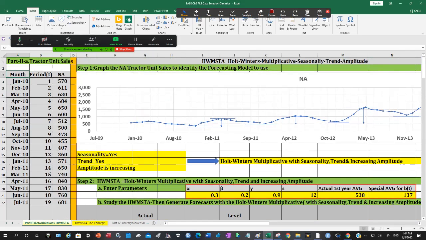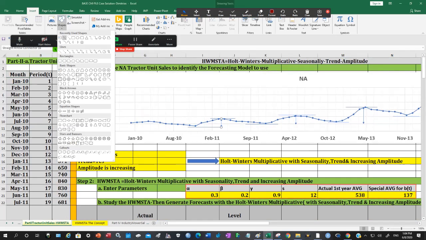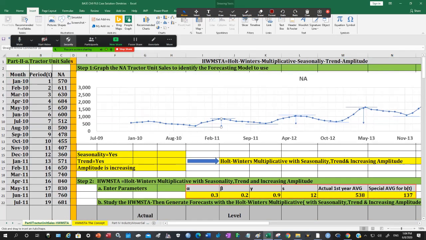If I select those two and then click insert recommended charts, I see that this is the graph. I stretched it out and I've added these horizontal and vertical lines. I've added those because I actually want to add another vertical line here. The data starts in January of 2010, so that should be here.